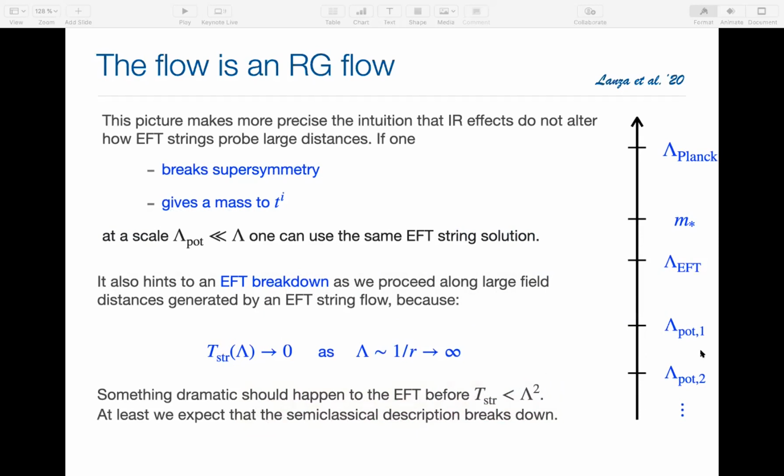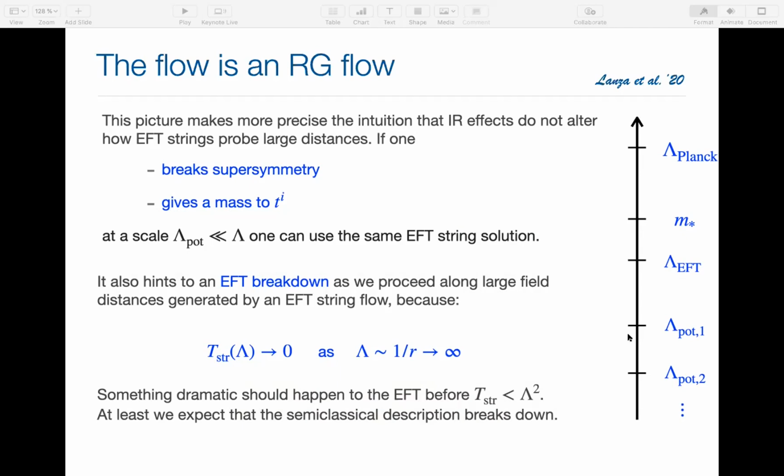But if this happens at this scale, and I am looking at the tension of my string at this scale, all these effects will be irrelevant. Of course, if the potential is in here, I will be distorting my string solution by a large amount, and the logarithmic profile that I was telling you will not be true. But if I'm doing it here, this will happen at wavelengths much larger than the logarithmic string profile, and everything that we derive from this in this work will be untouched.